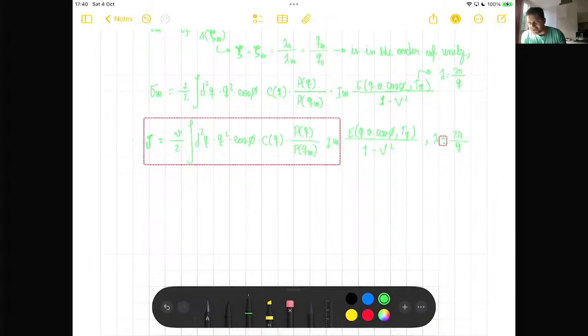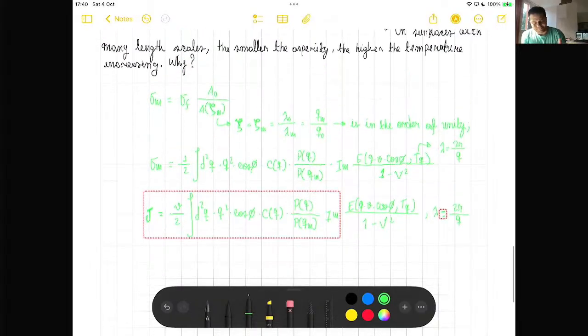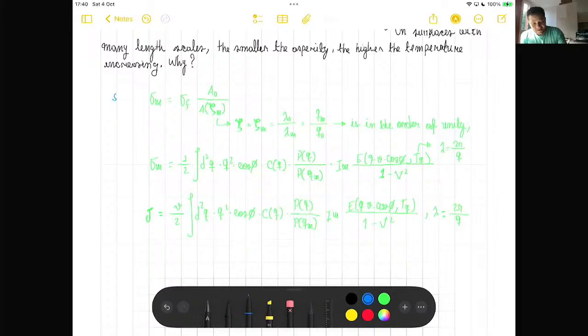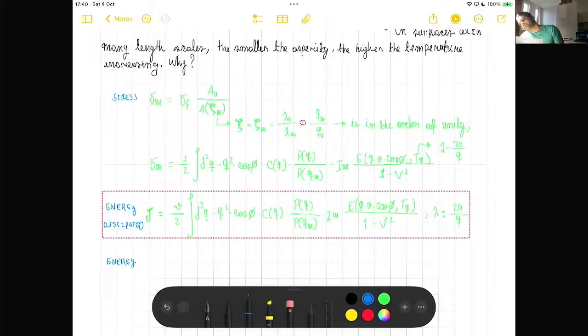Now we need the energy. So let's stress, energy dissipated. Now let's try to find the energy produced. No, energy production. Okay.